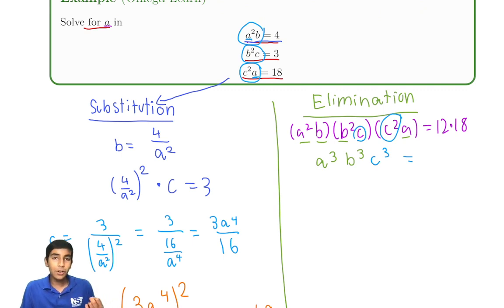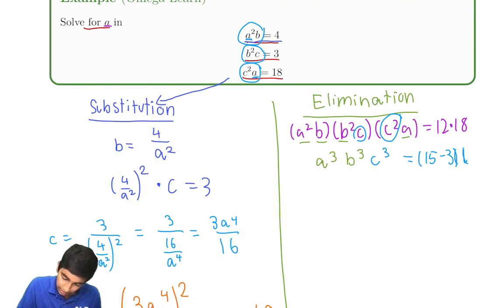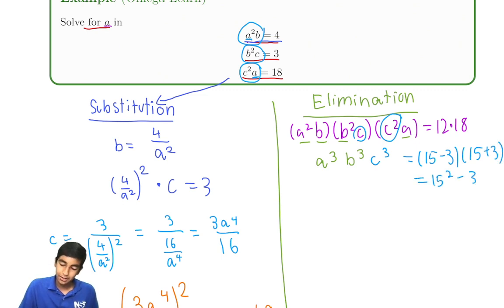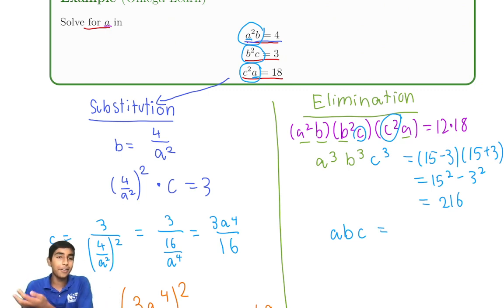Well, a little shortcut you can use to do this is the difference of squares technique: 15 minus 3 times 15 plus 3. And that's just 15 squared minus 3 squared, which is 225 minus 9, 216. So abc is equal to the cube root of 216, which is just 6.